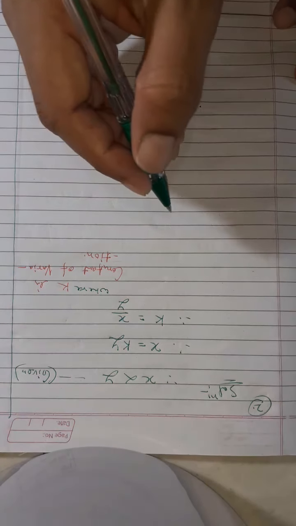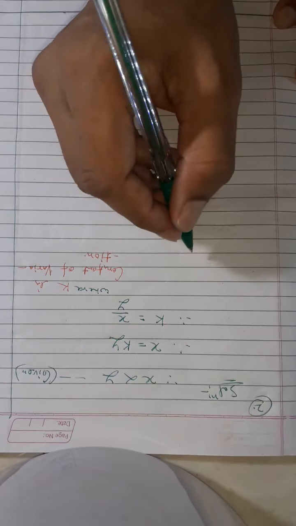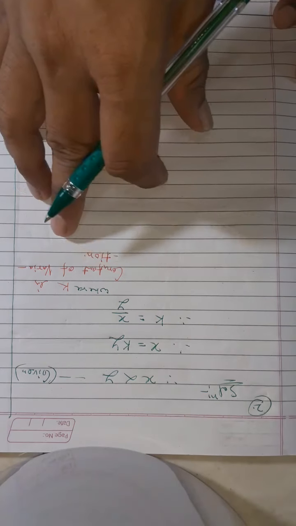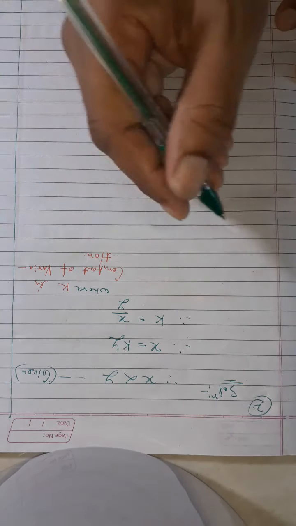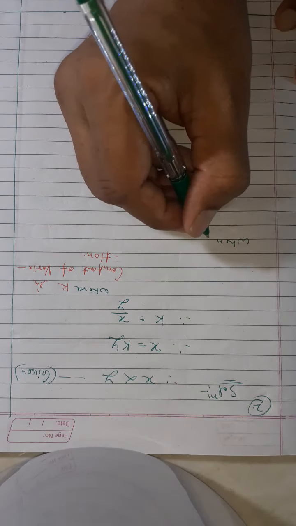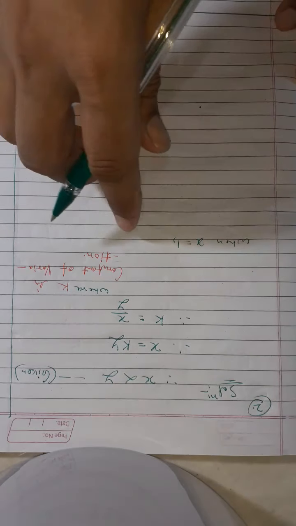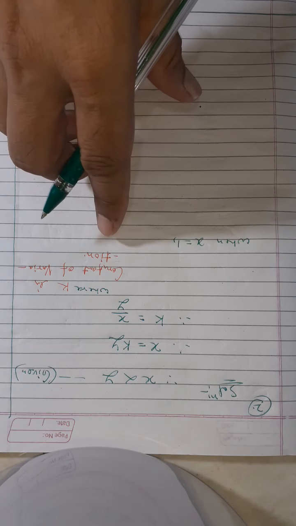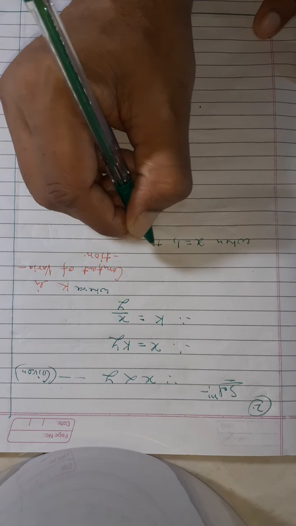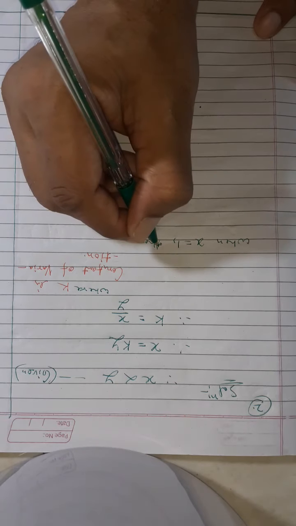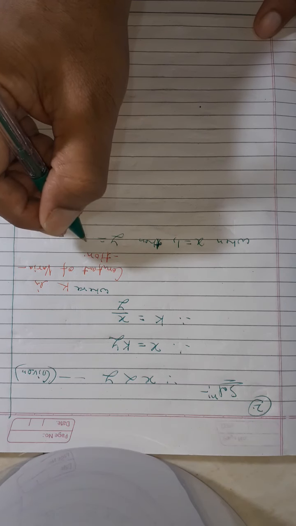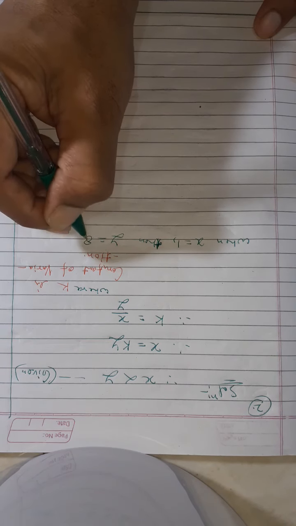Therefore, so here now you come to when x is equal to 1, so y is equal to what? And x is equal to 1, then y is equal to 8.